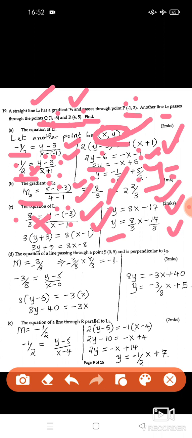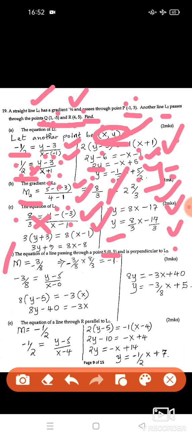Part D finally, part D here. The equation of a line passing through point S, which is 0, 5, and is perpendicular to L2. The first thing to know is that the gradients of two lines which are perpendicular to one another give a product of -1.